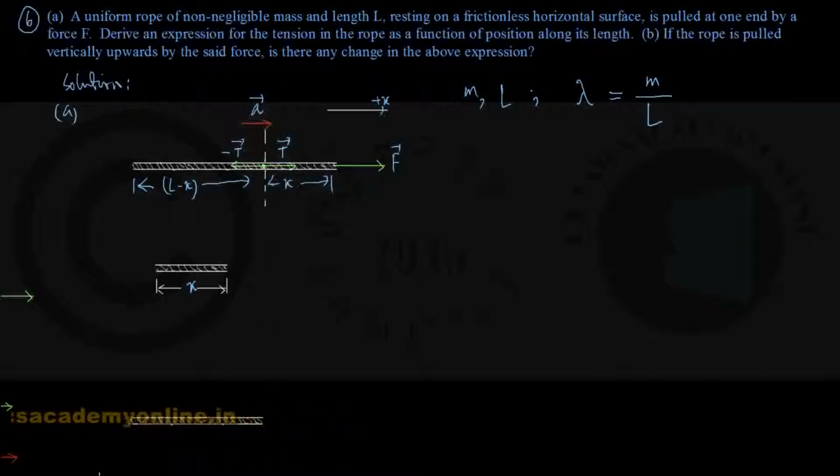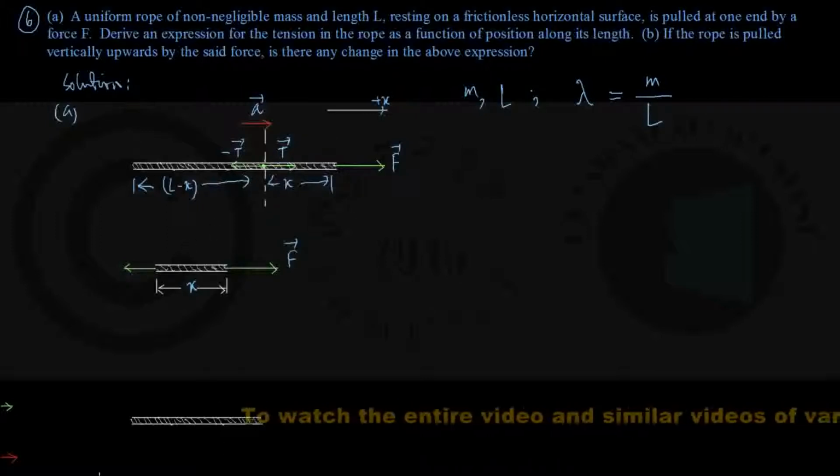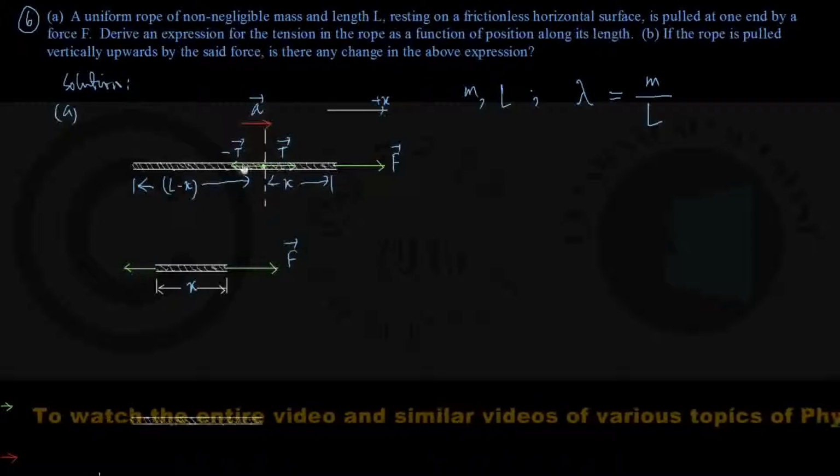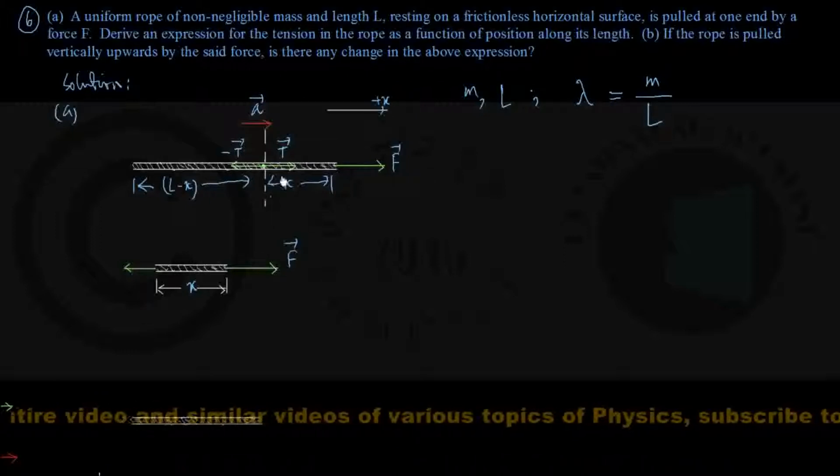The force acting on this portion is of course the force F applied by the agent to the right, and a tension force that is acting to the left. You might ask why it has to be to the left, why not to the right? Because I have shown here a pair of tension forces acting equal and opposite, T and minus T. And why should you choose minus T for this smaller portion on the right?